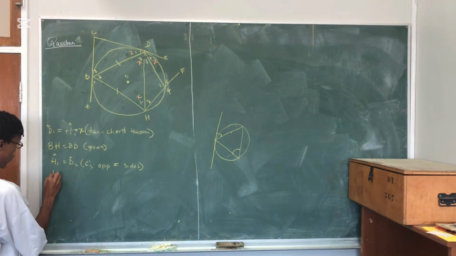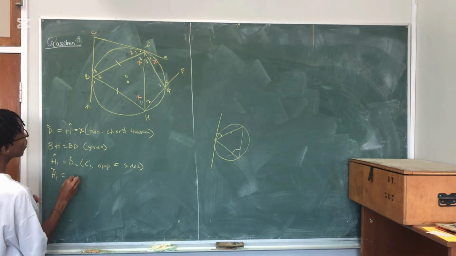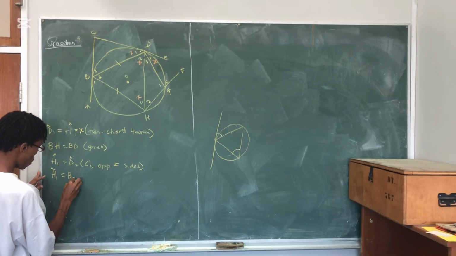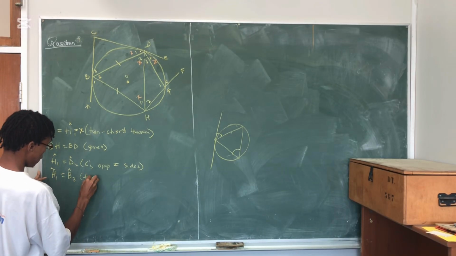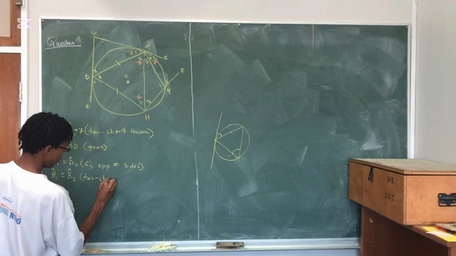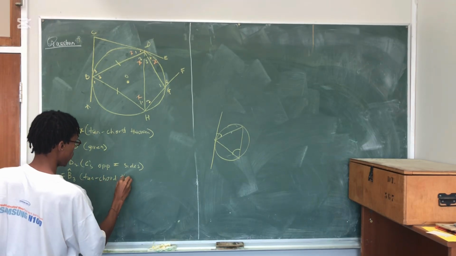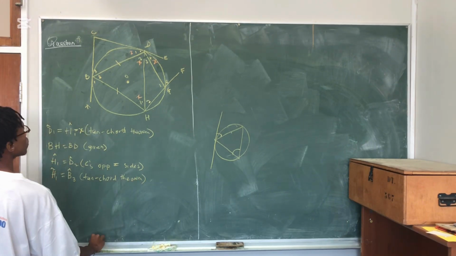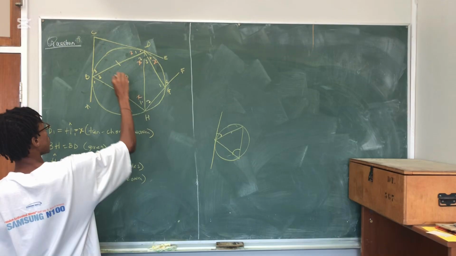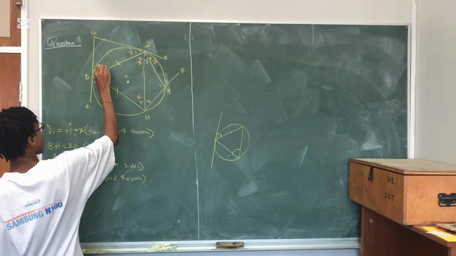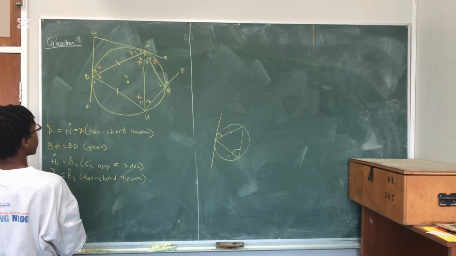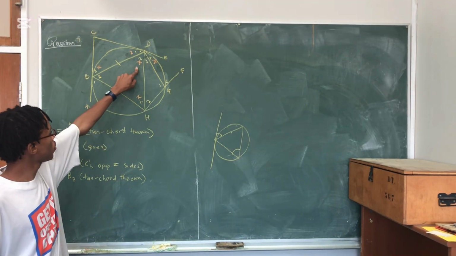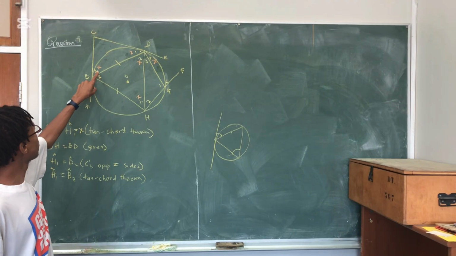So H1 is equal to B3, tan chord theorem. So we have another one, B3. So we have B2, we have H1, we have B3.